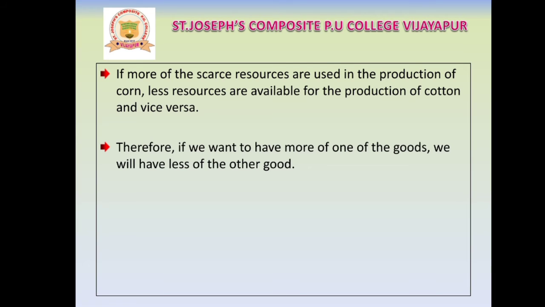For example, if 60% of resources are used for the production of corn, then very few resources will be available for cotton, only 40%. And if 60% of resources are used for the production of cotton, then only the remaining 40% is kept for corn.